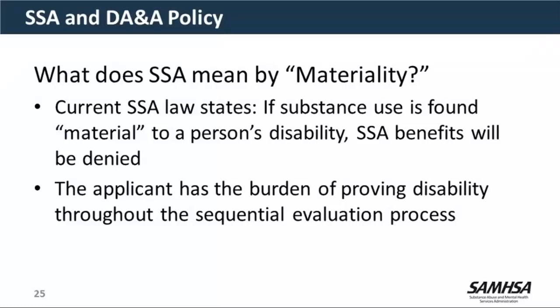This means that enough evidence needs to be provided in the records and other submitted materials to clearly illustrate that the applicant meets or exceeds the requirements to move on to the next step or be approved at step 5 or 6 of this new sequential evaluation, which we're going to talk about on the next slide. As SOAR providers, it's our job to clearly present the information that supports disability.